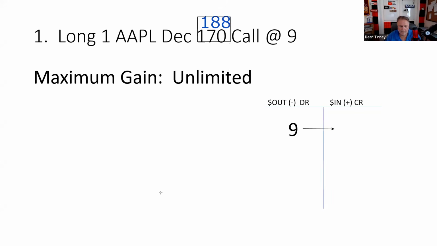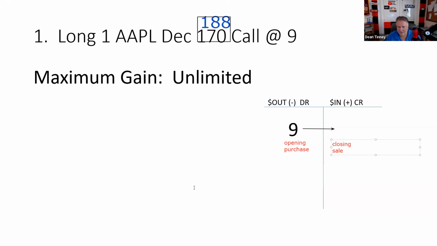So we did here an opening purchase at 9 points, or $900. And now they're saying you do your closing sale for intrinsic value.